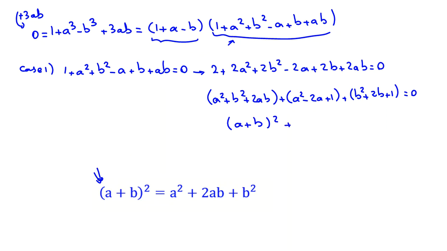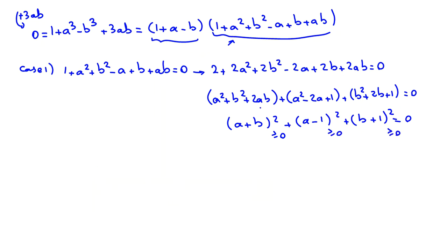Again, if we use the same identity, it will be a minus 1 squared, and here b plus 1 squared equal to a sum of squares. All of them are at least 0, so when their sum is 0, we can conclude each of them should be 0. A plus b is 0, a minus 1 equal to 0, b plus 1 equal to 0.